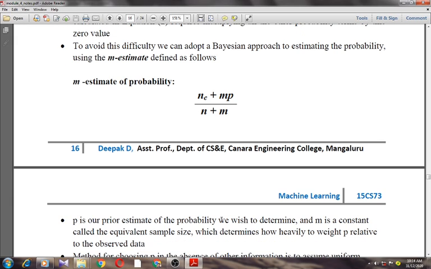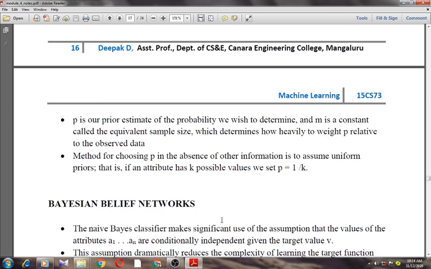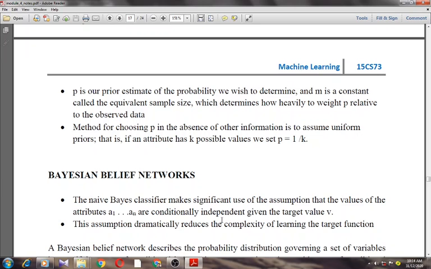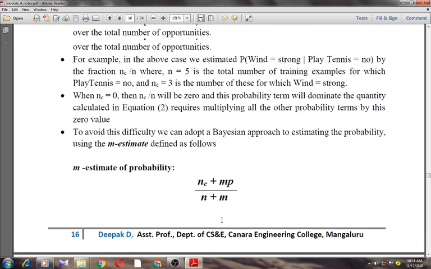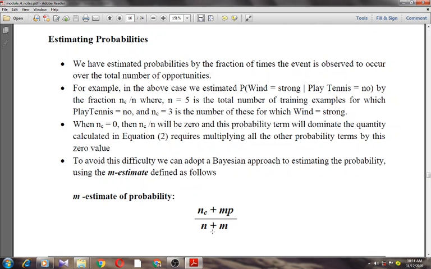Here nc and n are defined as before, and p is our prior estimate of the probability we wish to determine, and m is a constant known as the equivalent sample size, which determines how heavily to weight p relative to the observed data.